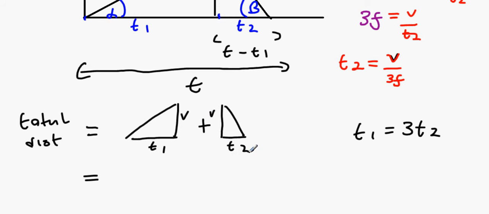So it's going to be a half v t1 plus a half v t2. And what I want to change t2 into is, well, half v t1 plus a half v t2.